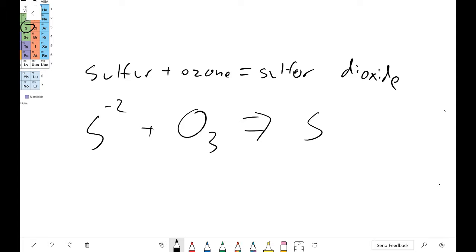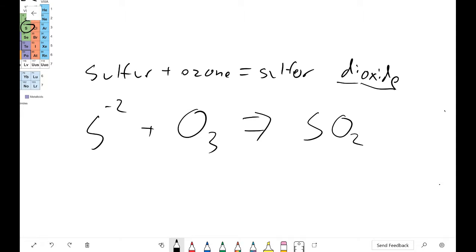So in this case, we don't actually have to do much crossing. We have dioxide, so it's going to be oxide, which means it ends in O, and you have di, which is a prefix for 2. So think of like dice. So as you see here, this is the correct translation of sulfur plus ozone equals sulfur dioxide.